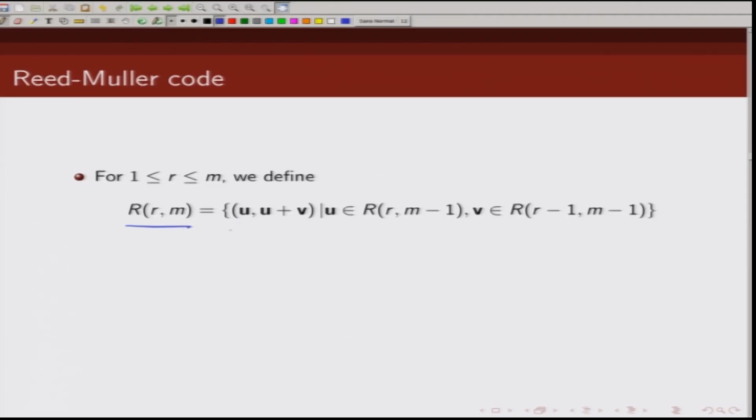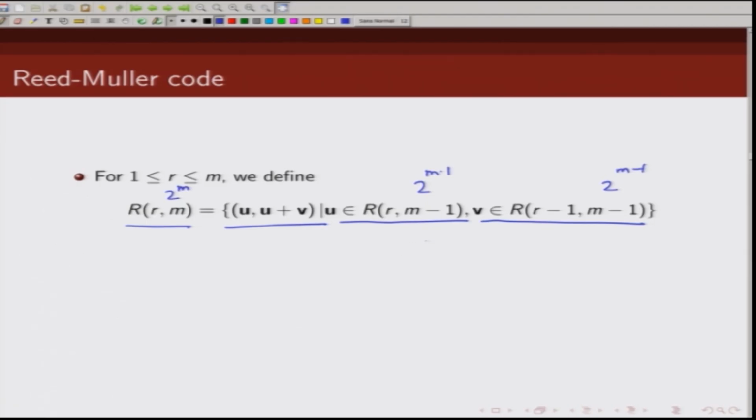This is done in this particular fashion. If you have one Reed-Muller code of order R and length 2 raised to power m minus 1, and you have another Reed-Muller code of order R minus 1 and length 2 raised to power m minus 1, then these two can be used to construct a Reed-Muller code of order R and length 2 raised to power m, in this particular way.